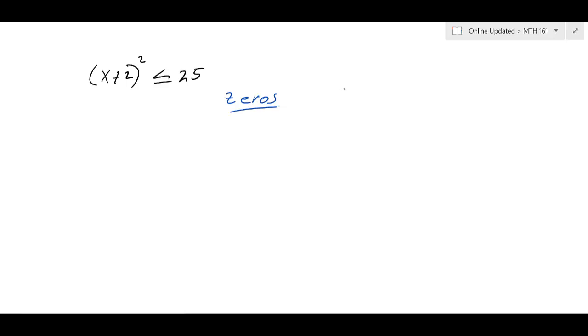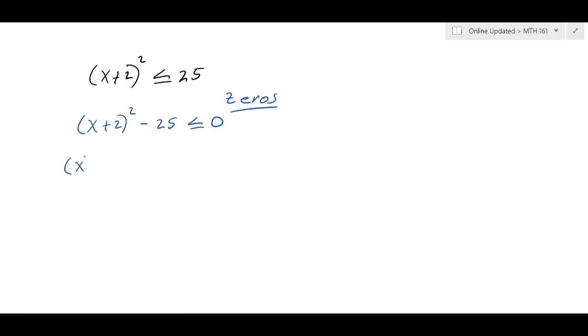For example, if we wanted to set this to 0, we would get x plus 2 squared minus 25 is less than or equal to 0. Now, in order to solve this, we would need to square the binomial and subtract 25. So I'm going to quickly do this.